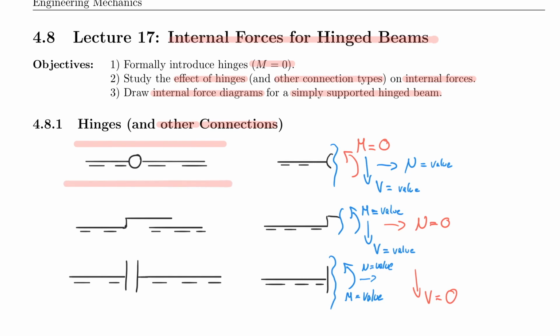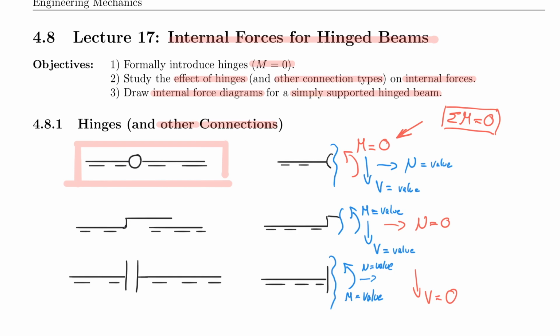I'm going to repeat real quick that at the hinge, the moment is equal to zero. This is very different from the sum of the moments is equal to zero, which sometimes can be read somewhere. This is still true, so the sum of the moments is still equal to zero, but that's true everywhere along the system. The hinge just says, hey, the moment goes to zero there, it takes the value zero.